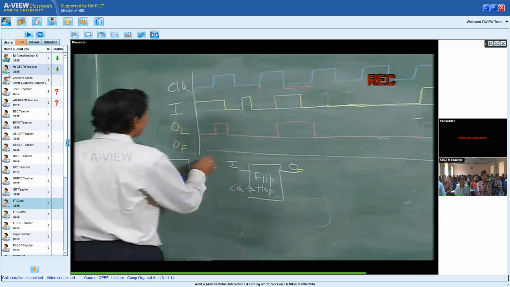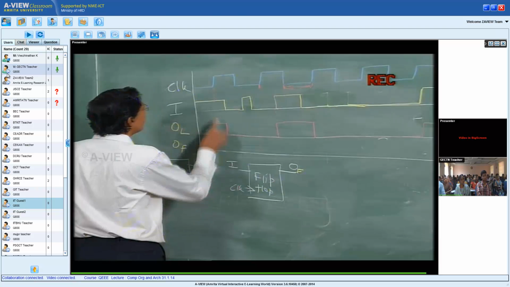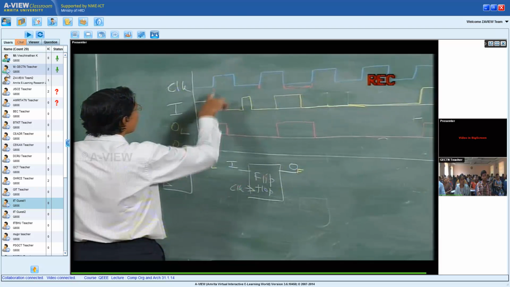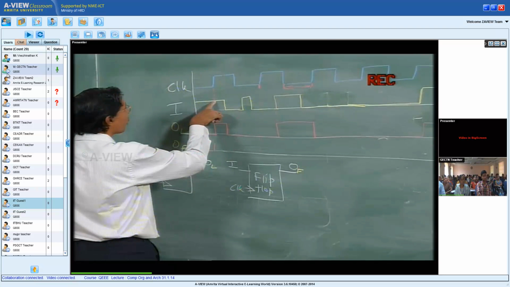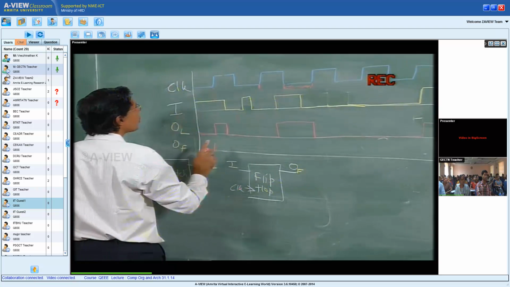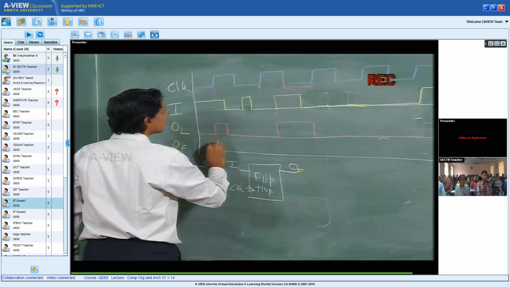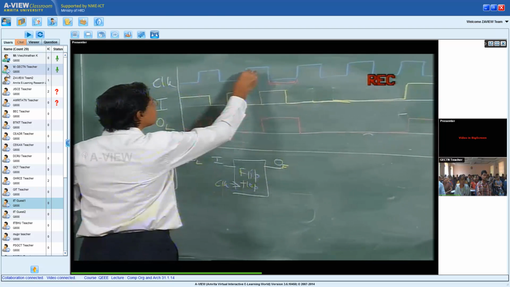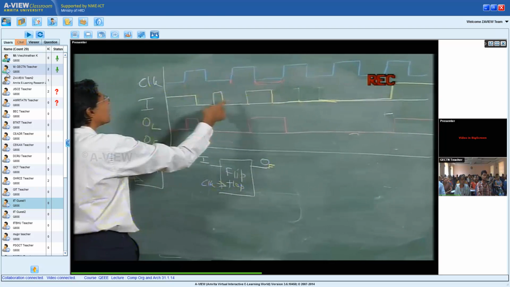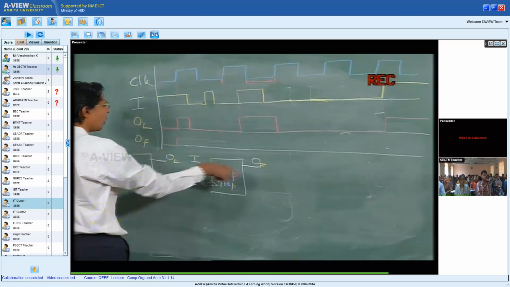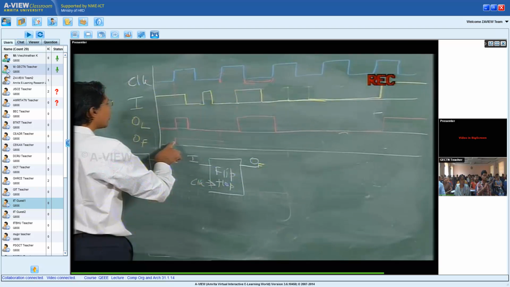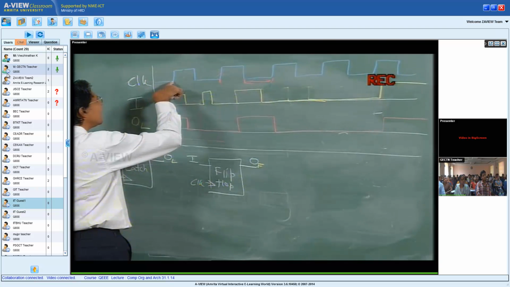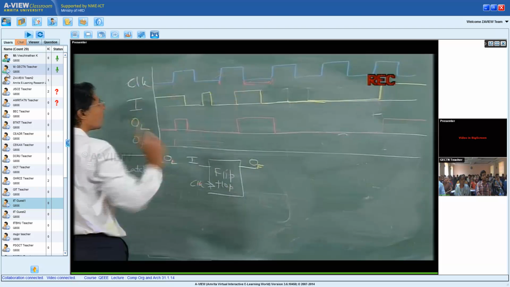For example, let us again assume this is 0. When the clock goes from 0 to 1, the input was 1. So the output retains at 1 and this goes. So till the next edge, whatever happens to the input, it is not seen on the output. The flip-flop retains the value of the input when the clock goes from 0 to 1.